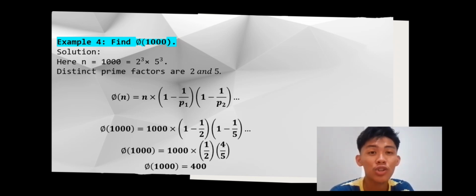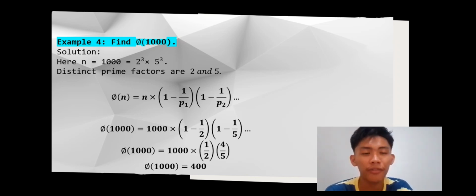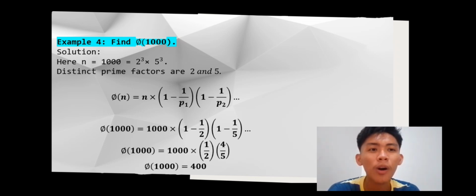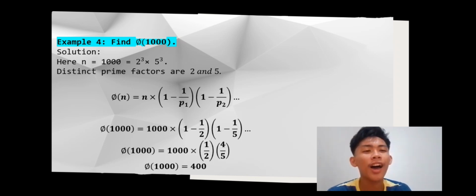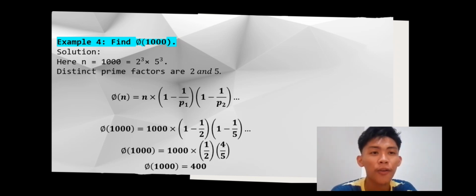Now let's substitute them to the formula. Phi of 1,000 is equal to 1,000 times the quantity of 1 minus 1/2, times the quantity of 1 minus 1/5. If we subtract, 1 minus 1/2 is 1/2, and 1 minus 1/5 is 4/5.